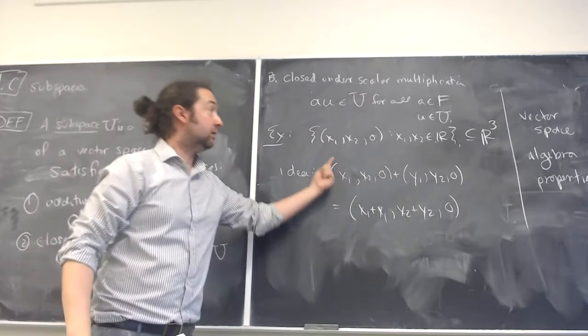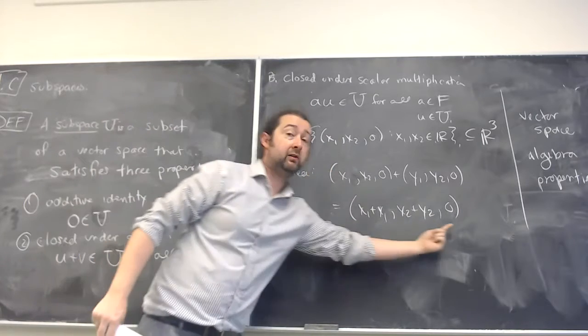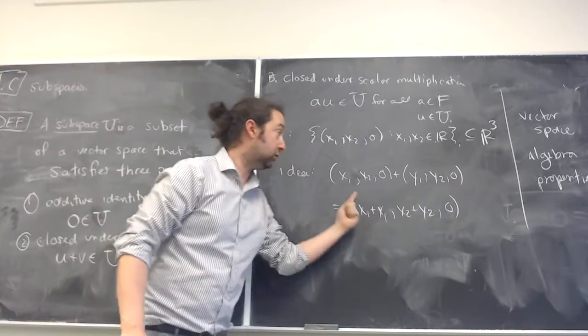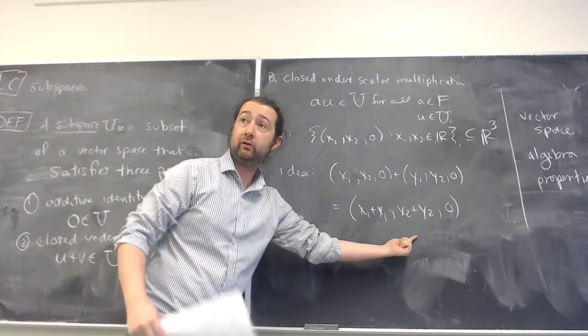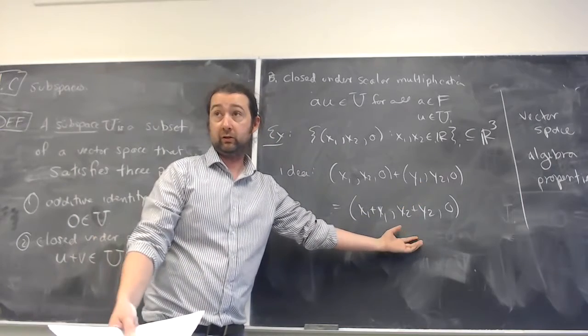This is in the space that you started in because it has 0 in the Z coordinate, right? You started with two things that had 0 in the Z coordinate. You end with something with 0 in the Z coordinate. So that's what you mean by closed under addition.